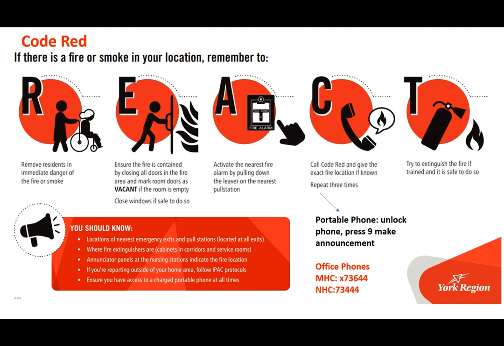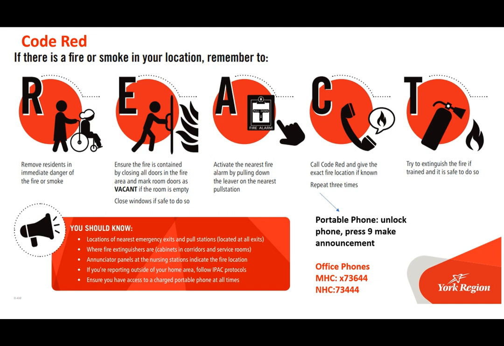If you're using the office phone or desk phone, at Maple Health Center, the extension is 73644. At New Market Health Center, the extension is 73444. Try to extinguish the fire if you are trained and it is safe to do so.